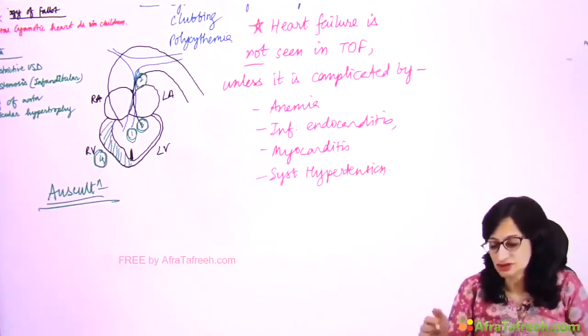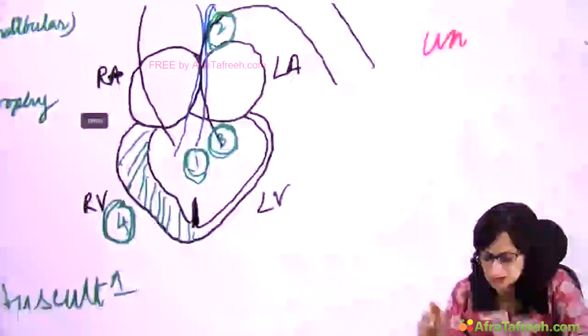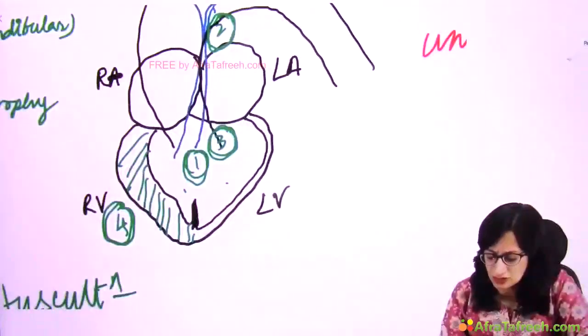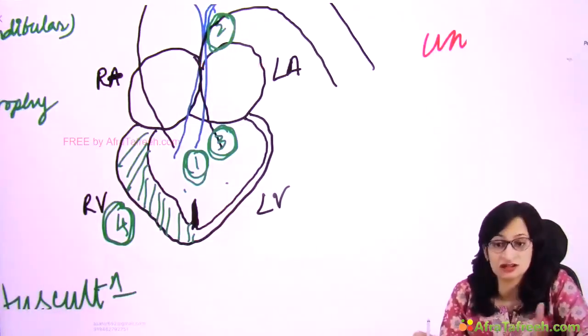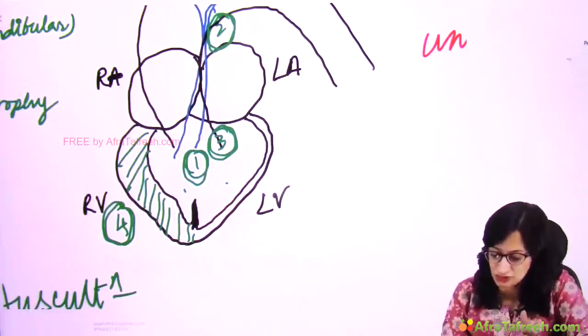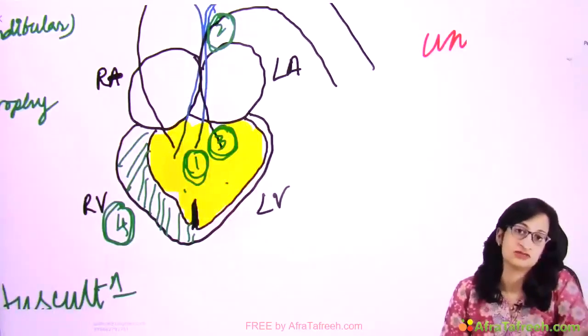Because you can appreciate that the ventricular septum is so small, the two ventricles are acting like a single chamber, so hardly any pressure gradient exists between the two ventricles.